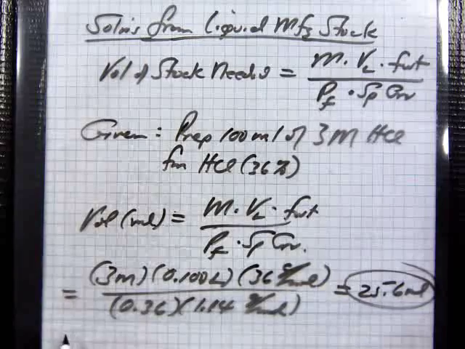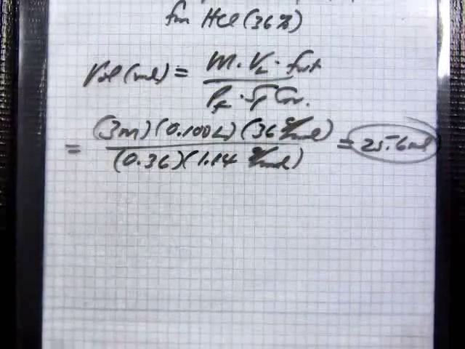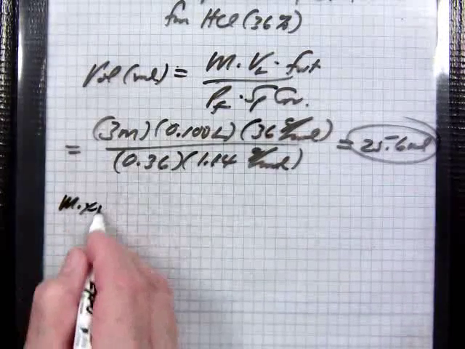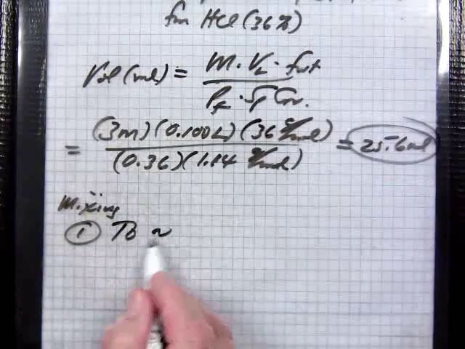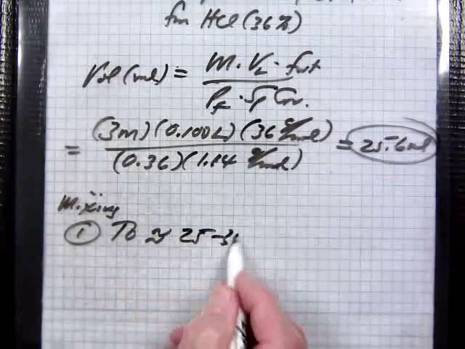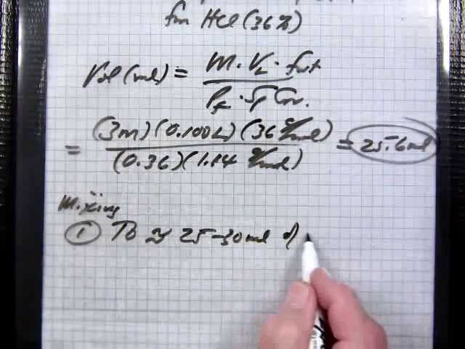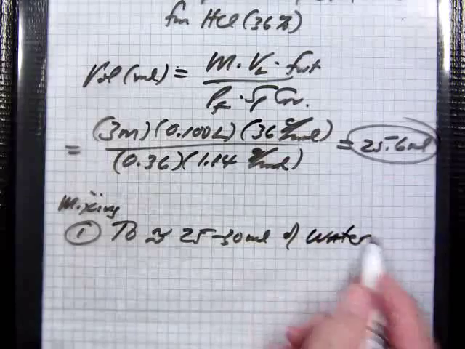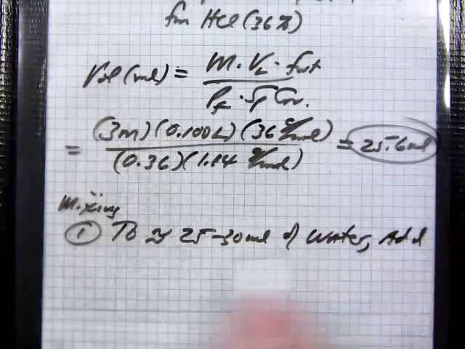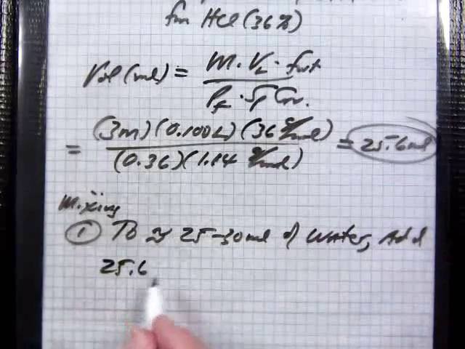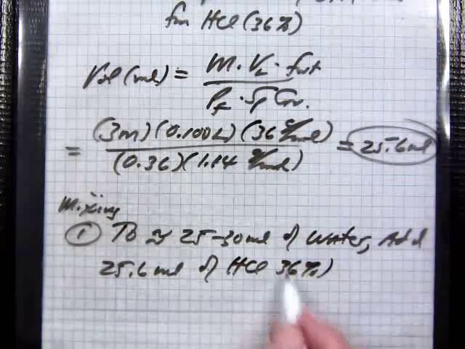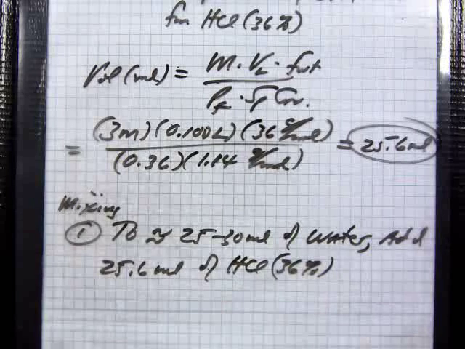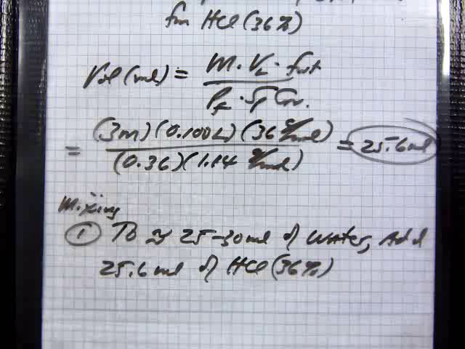So, move it up here, mixing. Step 1, to approximately 25 to 30 milliliters of water, add 25.6 milliliters of HCl 36%. So you want to slowly add that in, because you take 25 and say 25, that's 50 mils.